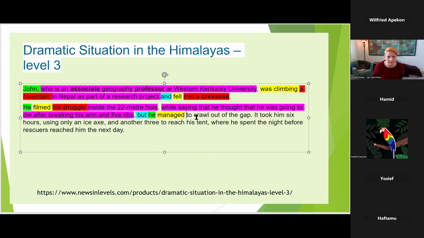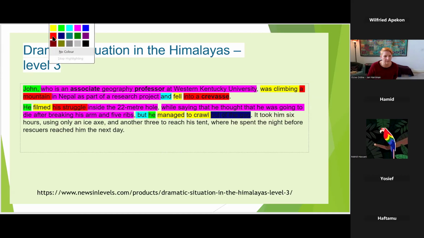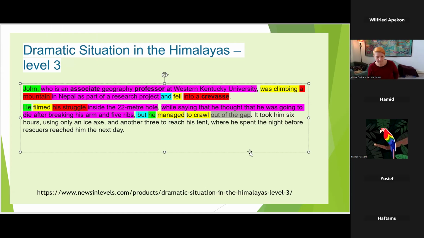And yeah, I suppose this is more of a, we would say he crawled, but he managed to crawl. And where did he go? Once again, we've got an object. He got out. Okay. All right.